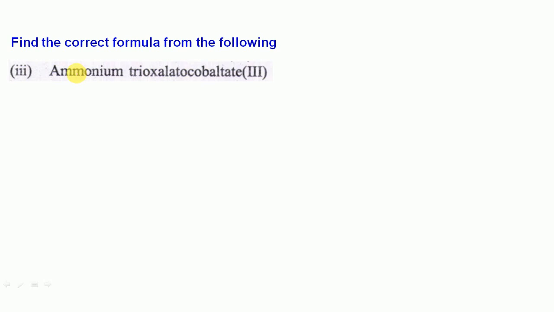Third one, what is that? Ammonium trioxalatocobaltate(III). Ammonium means NH4. Cobalt oxidation state is +3, so how many ammonium? 3.